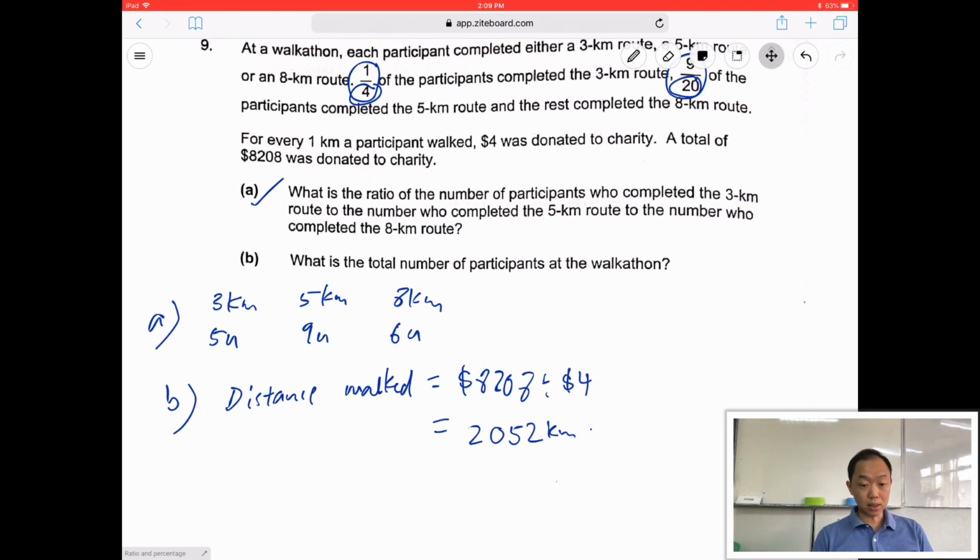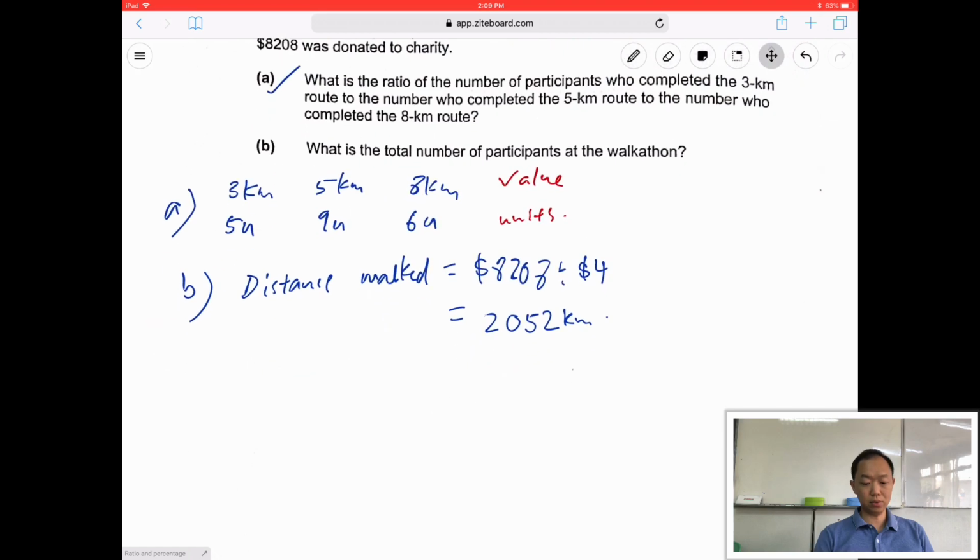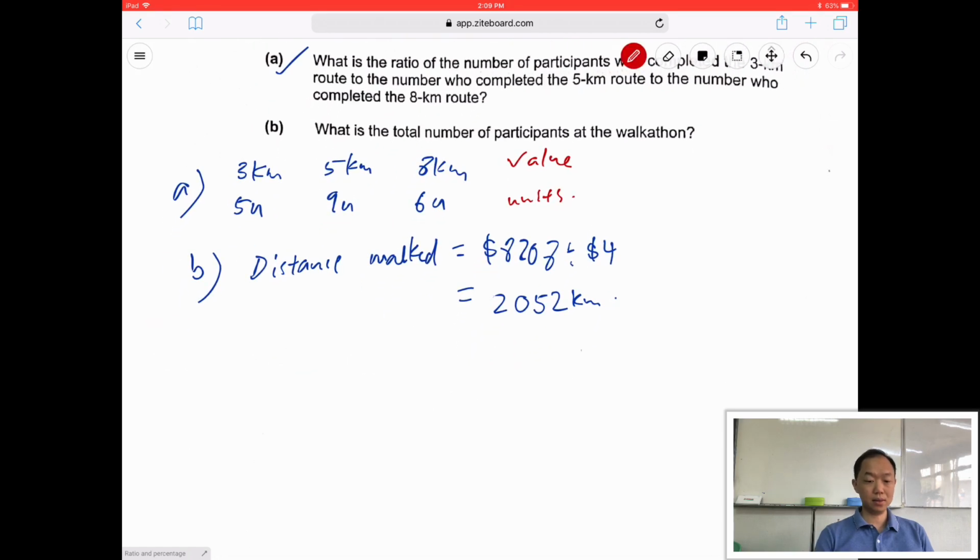Okay, this is a value and units question, because this is the value and this is the units. Simple: we just multiply and add them together, and that should be equivalent to 2,052. Let's proceed with the algorithm.